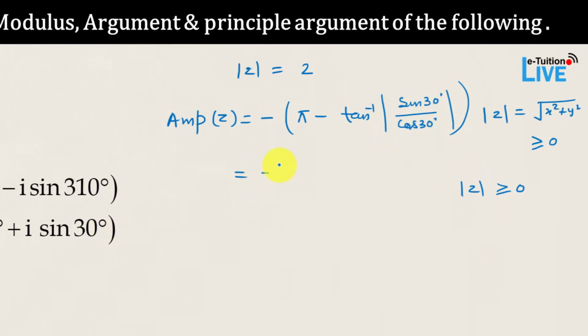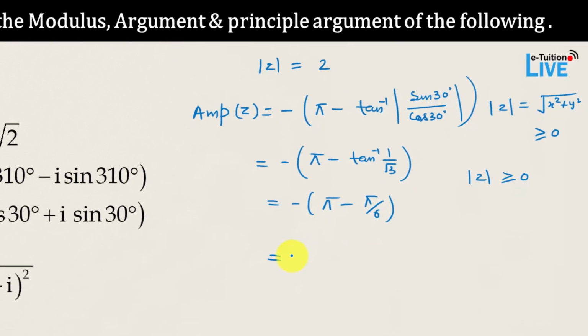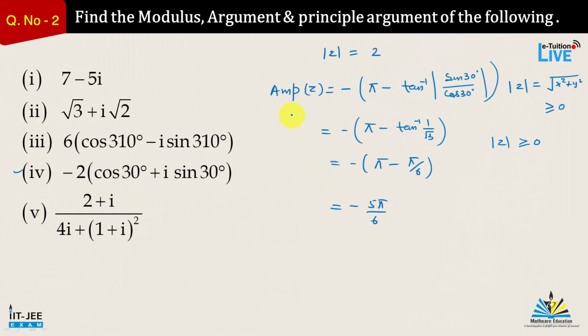So this is minus times pi minus tan inverse, and tan 30 is 1 upon root 3, and this is minus pi by 6. Pi by 6 is the tan inverse 1 upon root 3. So you can again observe this is 5 pi by 6, so this is minus 5 pi by 6. So minus 5 pi by 6 is the amplitude for this complex number, and the principal argument is minus 5 pi by 6. So argument of z is equal to 2k pi minus 5 pi by 6.